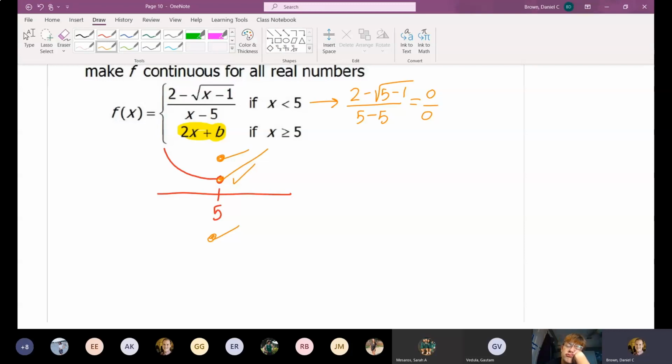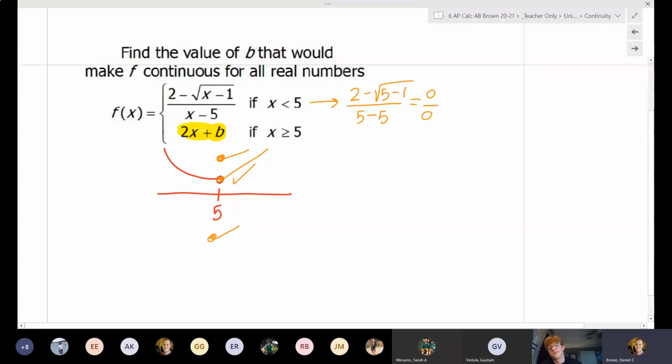The calculus fact we're actually using here is that for a function to be continuous, the limit has to exist. If the limit is going to exist, then we know that the limit on the left-hand side and on the right-hand side of the function must exist and be equal.